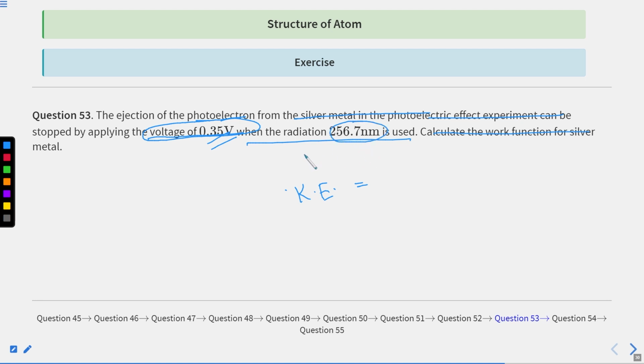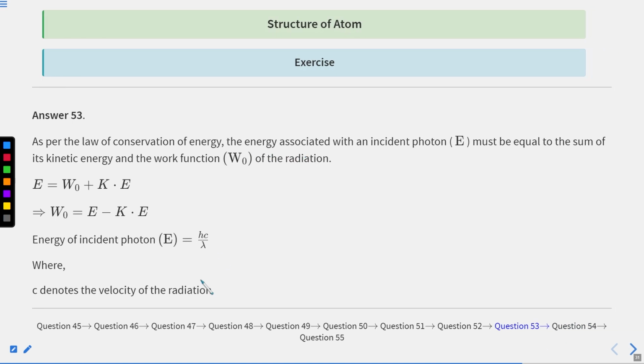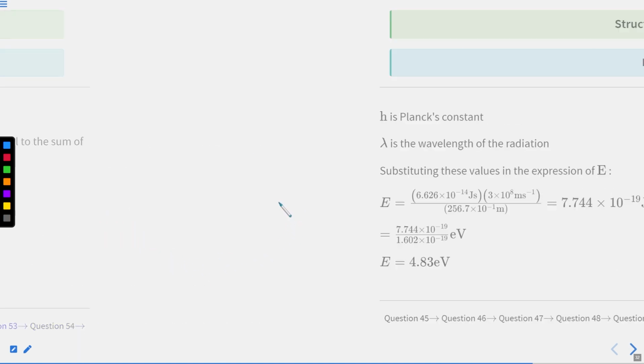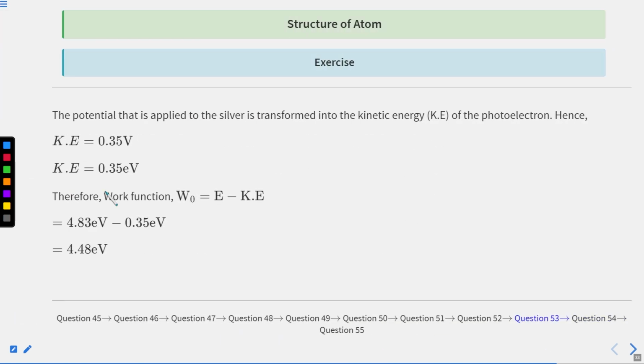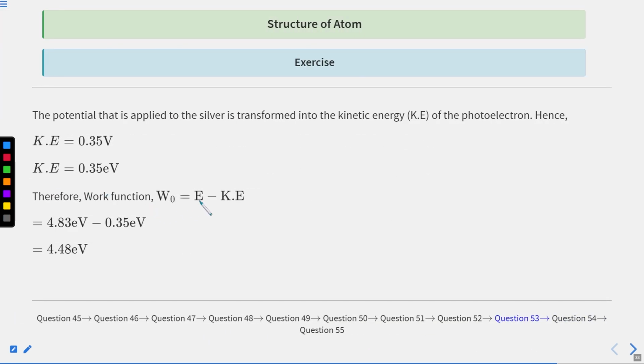We will subtract both of these to get our final value. Okay, so it is written that this is our voltage. First it calculated the energy using the lambda, and the voltage was given this much, so we have subtracted it and we got our 4.84.